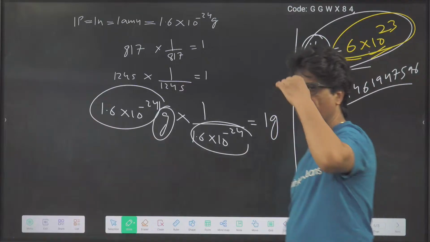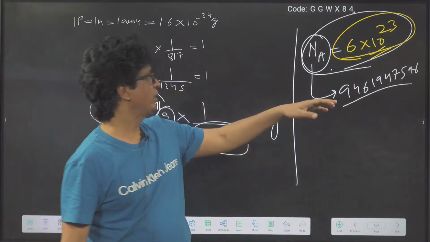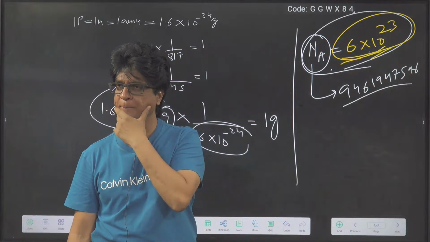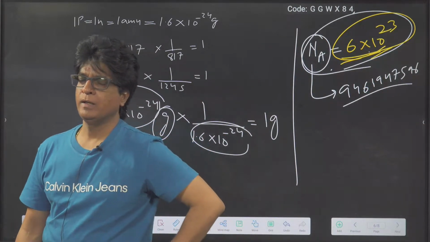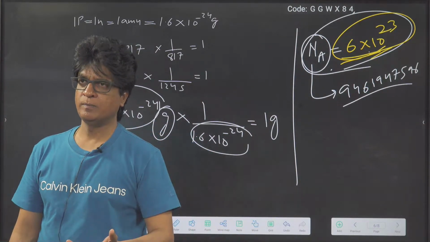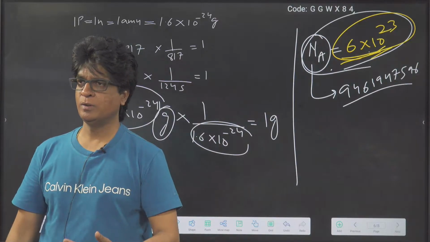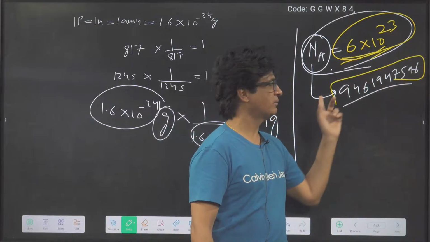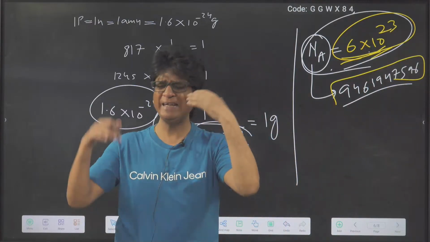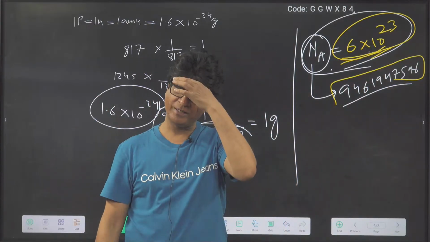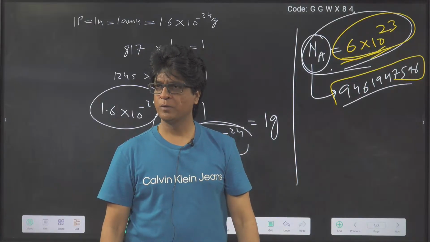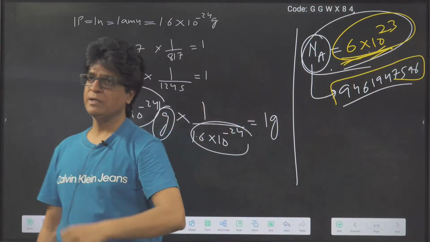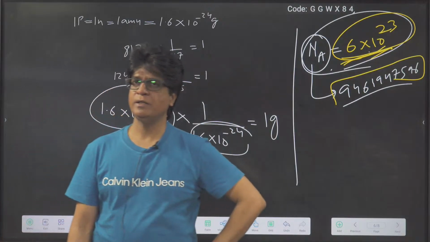It could have been any number, any pin code, your mobile number, my weight, your weight, the weight of the earth, whatever. Why is the value of NA 6 into 10 to the power of 23? Why?